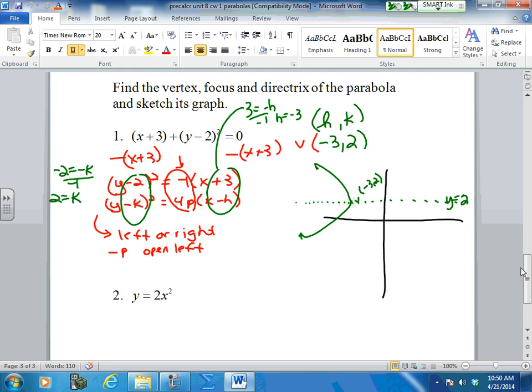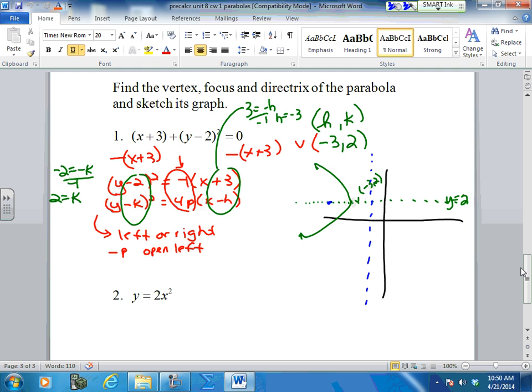So there's your y equals 2. Your focus and your directrix are going to come off of this line. Your focus is going to come somewhere in here, and your directrix has to come an equal distance and be somewhere right here. The directrix is going to be the x-equal line this time, because I want a vertical for my directrix. The focus is a point, the directrix is a line.